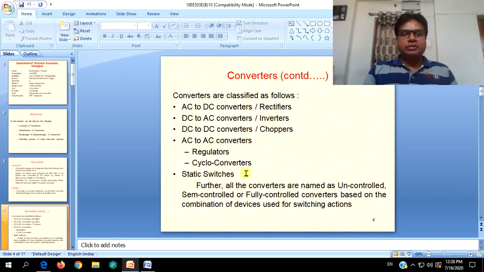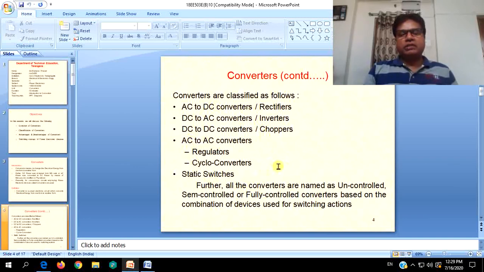Obviously this will be witnessed in all the UPS, inverters, SMPS, where whenever main supply is cut off, the static switch will immediately react to connect the load to the backup supply, which will be a battery in most of the cases. And once the main supply is re-established, the switch will react to connect the load back again to the main supply. All these are achieved by using power electronic devices.